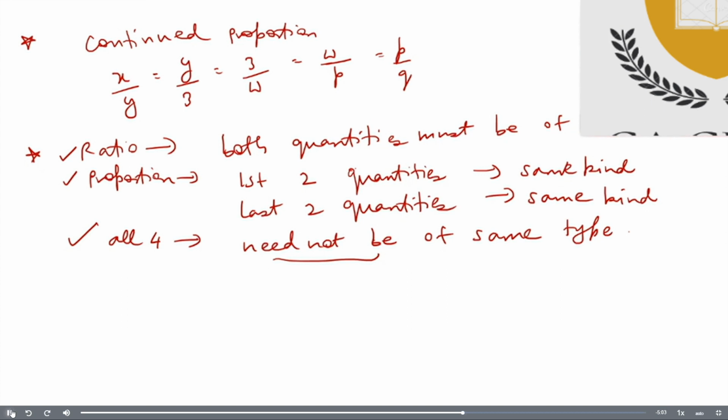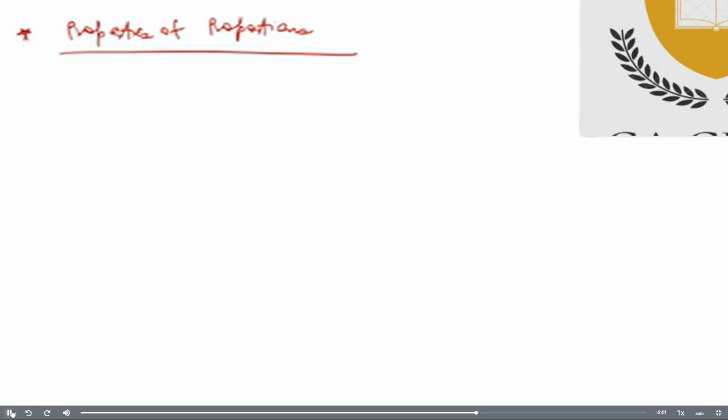Next, we'll move on to simple examples. One by one, we'll move on to those examples, solve them with the solution given and slowly do it. Let's do a small recap of the properties of proportions. First one is cross multiplication.